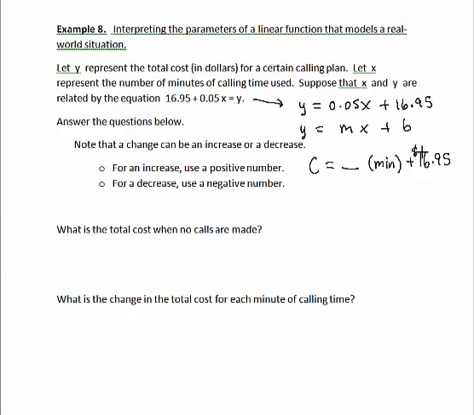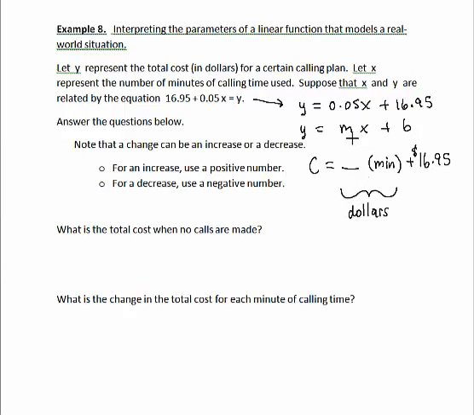Okay, so here we have $16.95, and we have to add to that a quantity that is also in dollars. You can't get your cost in terms of dollars if you add minutes to dollars. That just doesn't make any sense. Whatever we get by multiplying m times x, we're going to end up with dollars.